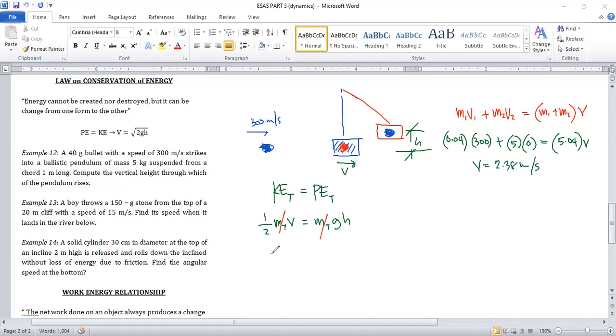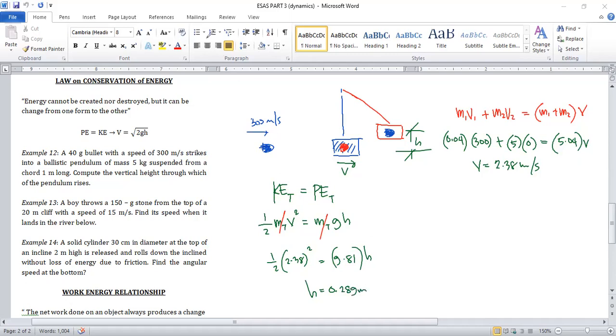So we can have 1 half multiplied by 2.38 squared, equal to 9.81 multiplied by H. H then is equivalent to a height of 0.289 meters.